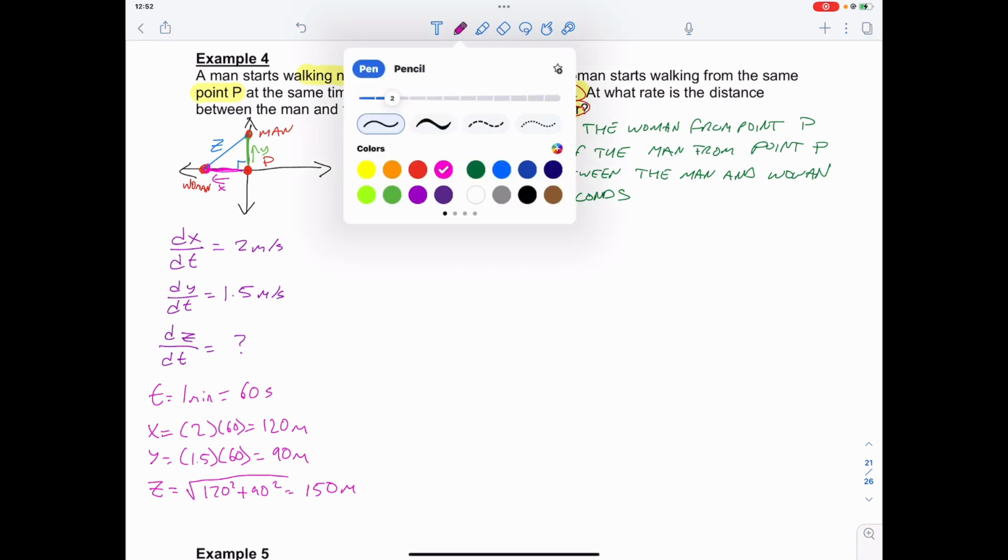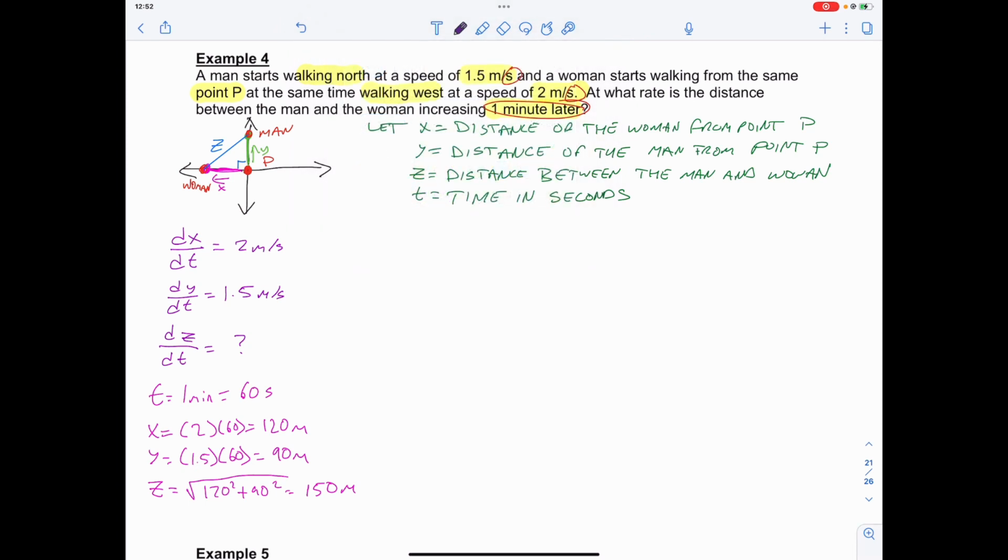Now, this is all based on the Pythagorean theorem again. So it's based on the idea that x squared plus y squared is equal to z squared, which is how we'd figure out what our z is at any given point. I'm going to differentiate this and get 2x dx over dt plus 2y dy over dt is equal to 2z dz over dt.